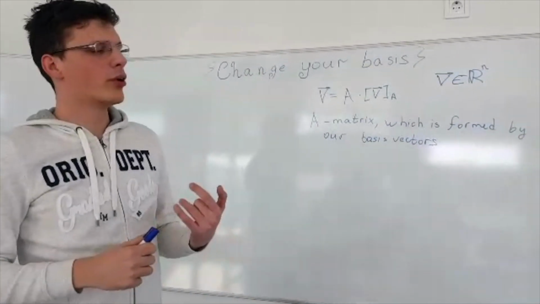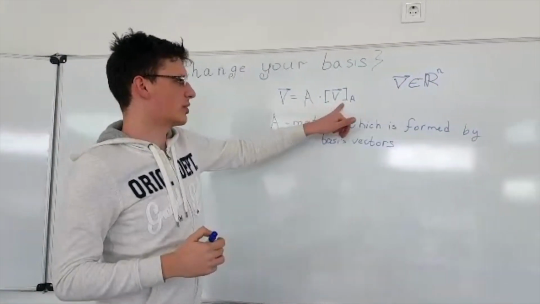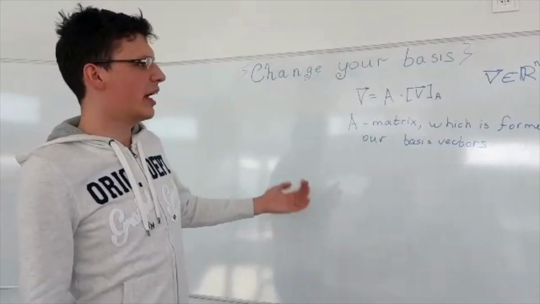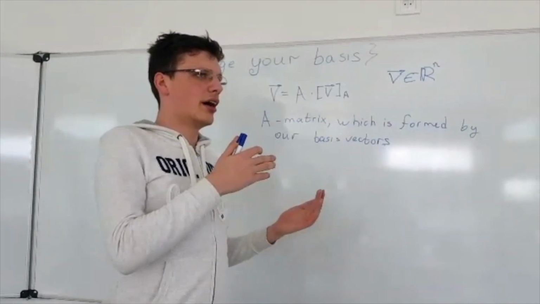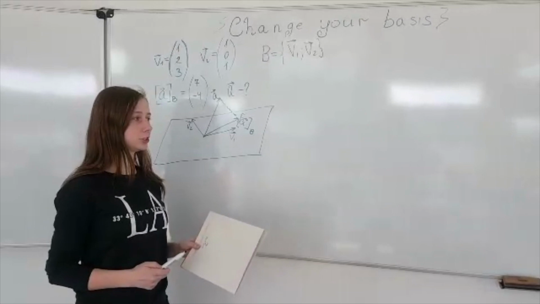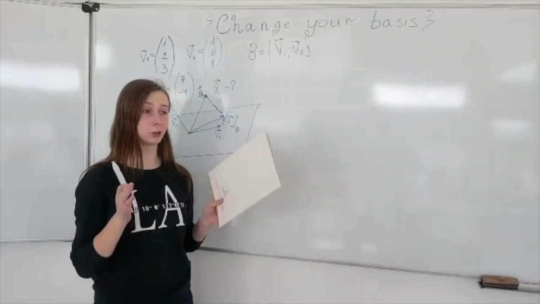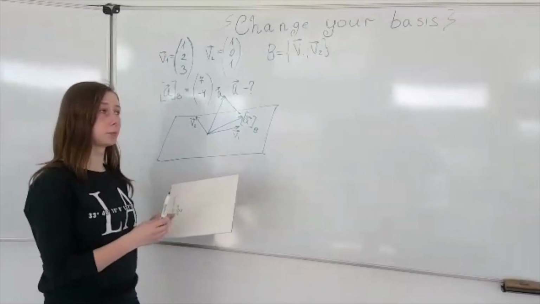If we want to show this vector in Rn, it is because each vector in A is represented as a vector in Rn. So if you understood what Yura has explained, you don't need the rest of the video, but if you don't, we will start with a simple example.